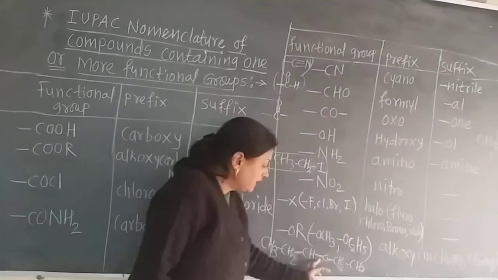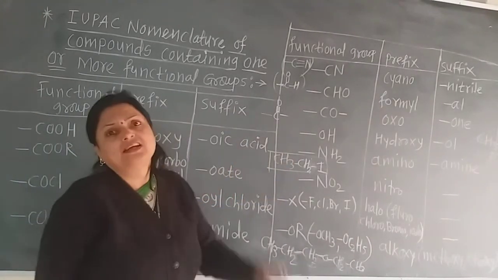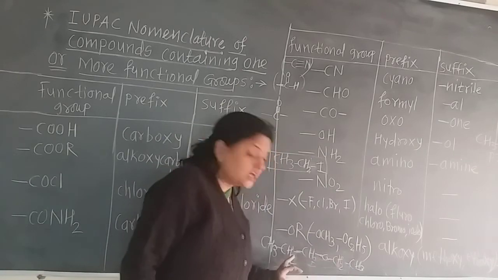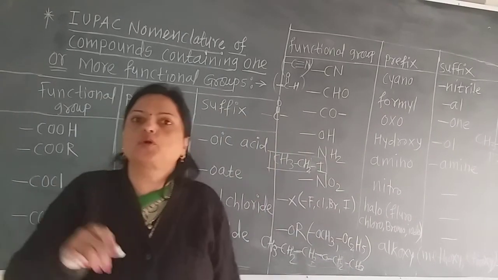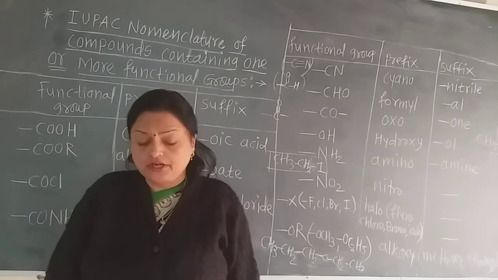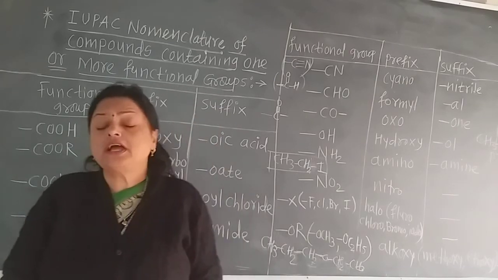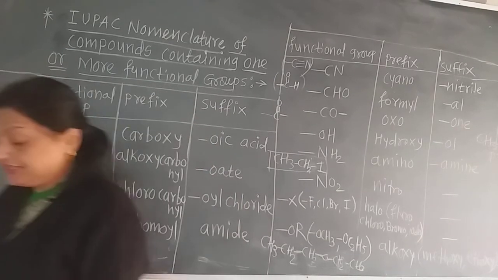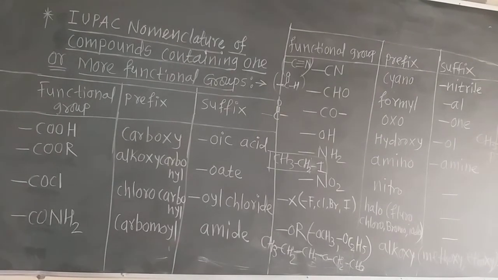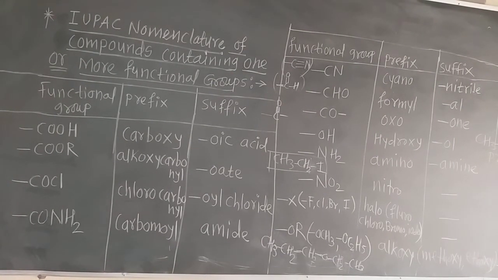So it is ethoxypropane. Such names are given to the ethers. We know the ethers have the general formula ROR'. Now let us see how the nomenclature is given to bifunctional or monofunctional organic compounds.